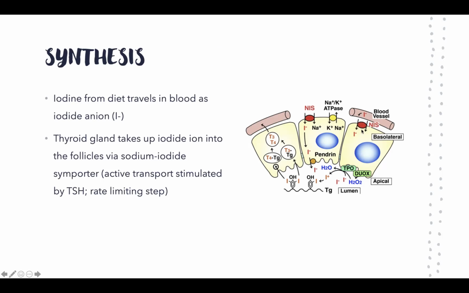This is an active transport, and it can be stimulated by TSH, which makes sense. When TSH is like, let's make some more thyroid hormones, it can encourage this iodine trapping. So the iodine enters the cell, where it can be further used to develop thyroid hormone. This is an important rate-limiting step in the thyroid hormone production process. So very important to note that.